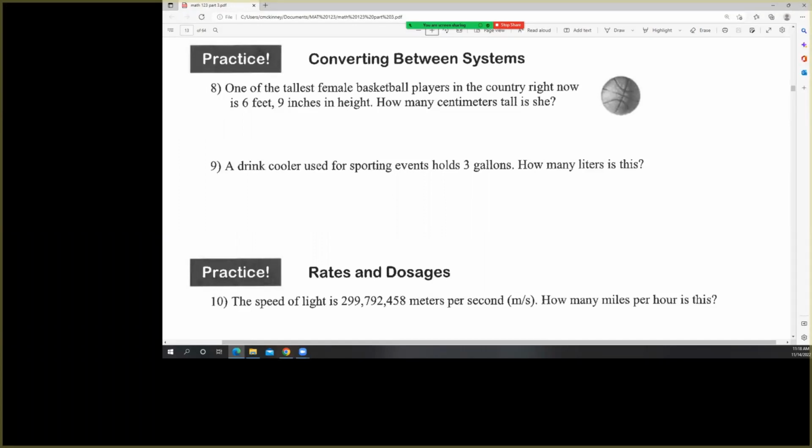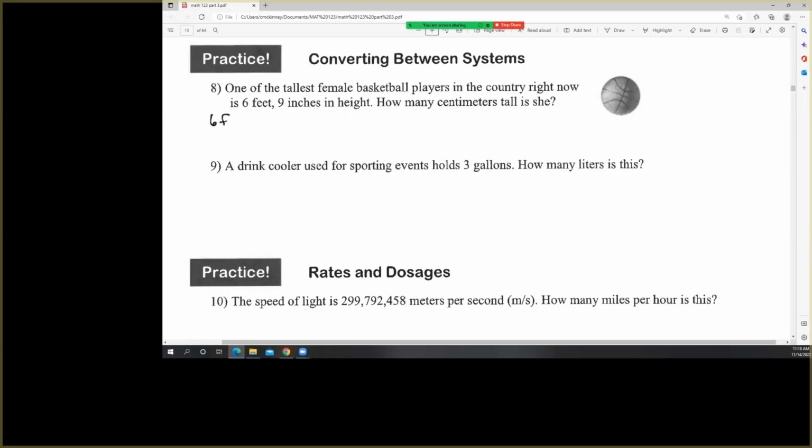All right, one of the tallest female basketball players in the country right now is 6 feet 9 inches in height. How many centimeters tall is she? So before I can use my conversion, what do I need to do first? 6 feet 2 inches? Yes, good.